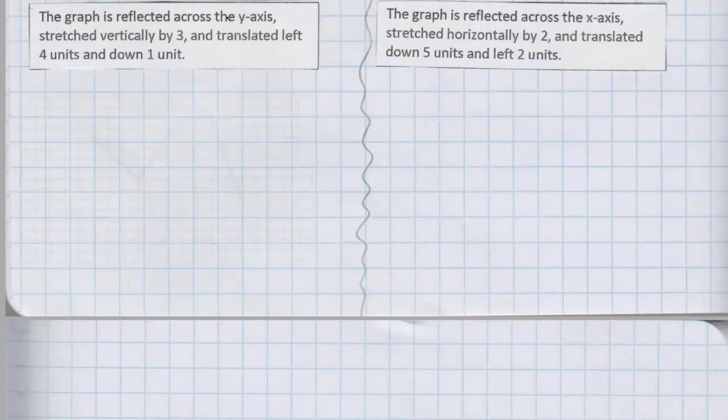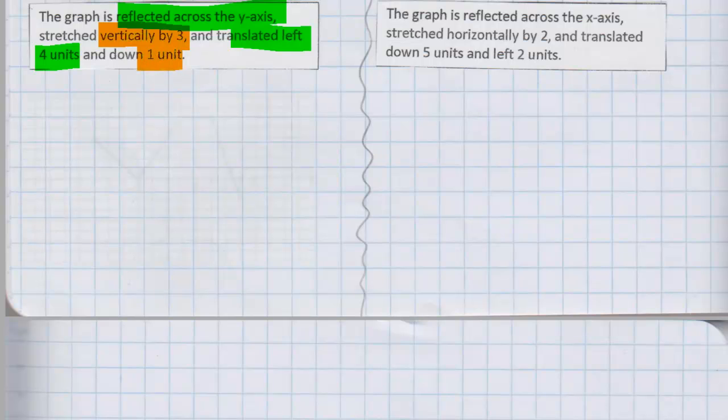The graph is reflected across the y-axis. We're reflecting across the y-axis. Our negative sign is going to be inside of our function, so this is an x change. It's stretched vertically by 3. That's a y change. Translated left 4 units. This is an x change. And down 1 is a y change.